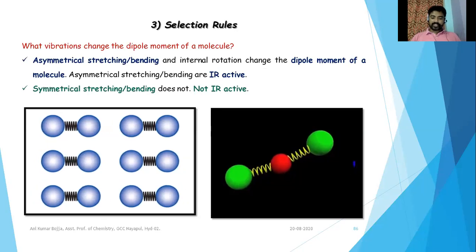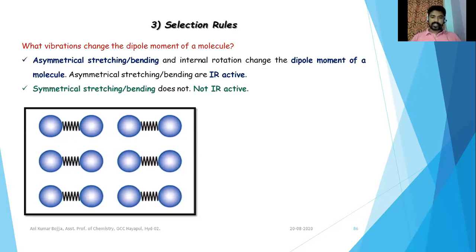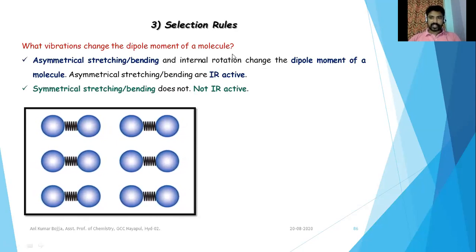Okay, let me explain a little more information regarding symmetrical stretching and asymmetrical stretching here. Suppose this is the carbon dioxide molecule, O=C=O. Let me explain with this example. It is a linear molecule, and it is very easy to understand the stretching vibrations happening in it.